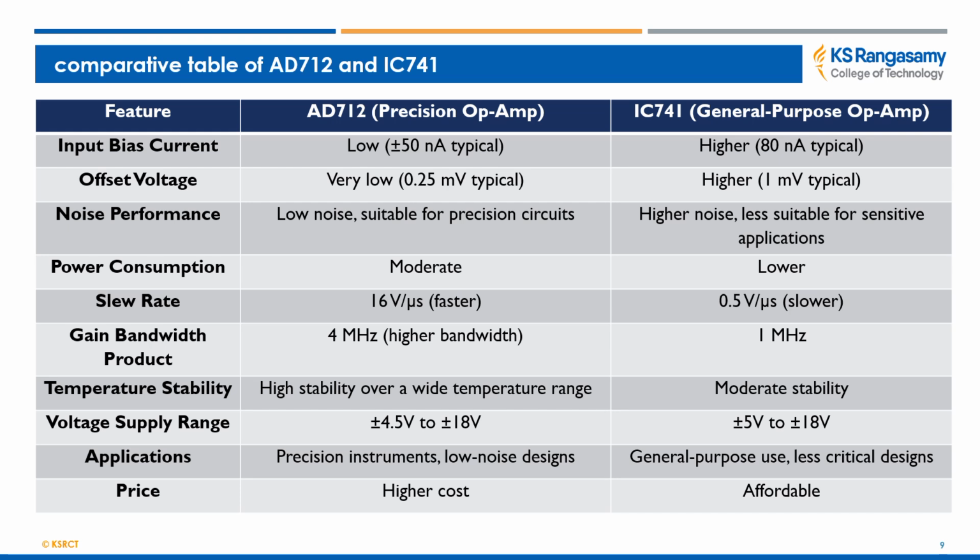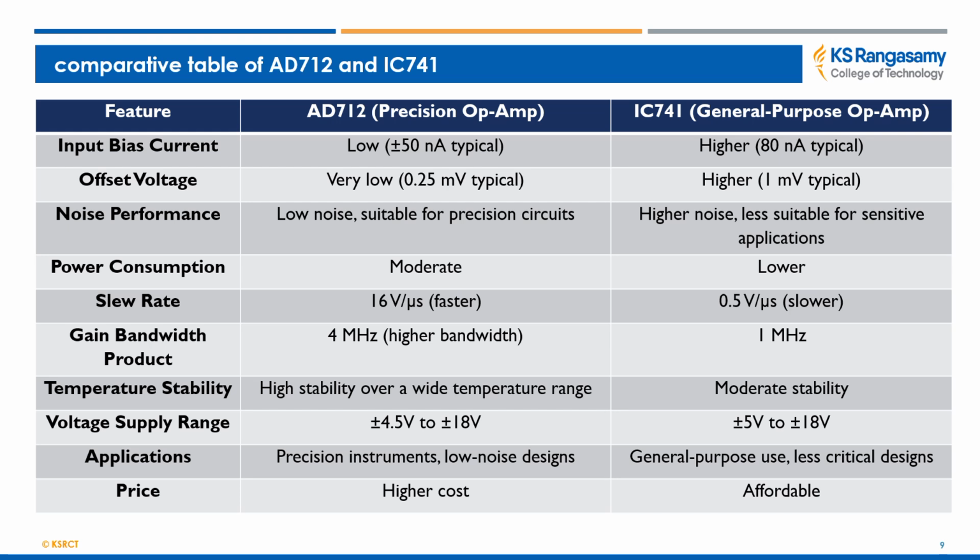Noise performance: IC741 has higher noise and is less suitable for sensitive applications, while AD712 has low noise, suitable for precision circuits. Power consumption: IC741 has lower power consumption, but AD712 has moderate, it may be lower or higher.